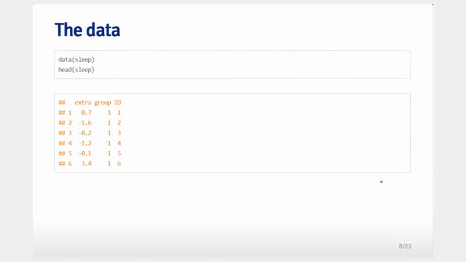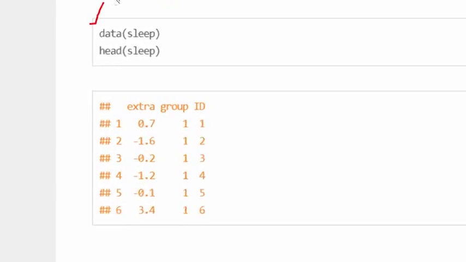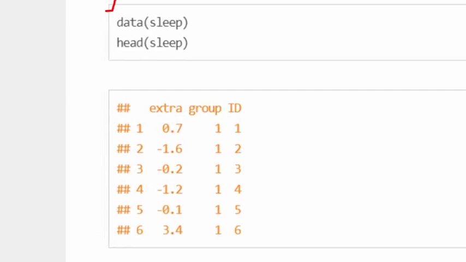Data(sleep) will load the data. head(sleep) will print the first few rows of the data frame. The variable extra is the extra hours slept. Group is a group ID, and ID is a subject ID. So 1 through 10 will give you subjects ID'd 1 through 10. Observation 11 is subject ID 1 again, and so on.